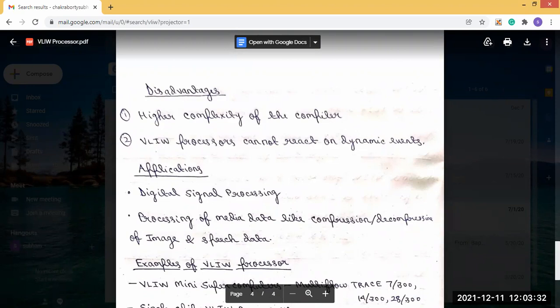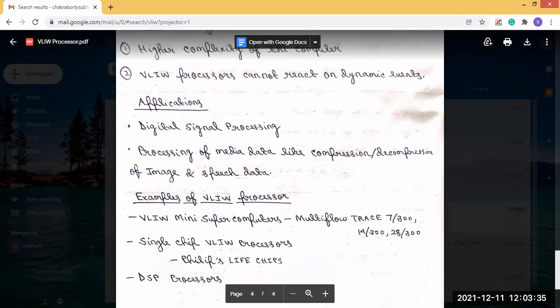Some known VLIW processors are the VLIW mini supercomputers, that is, the Multiflow Trace 7/300, 14/300, 28/300. These are supercomputers. In your normal system you will not see a VLIW processor, because we do not require such a large amount of data.